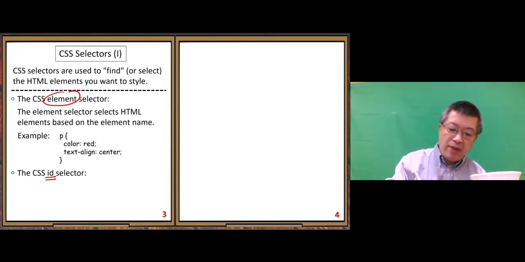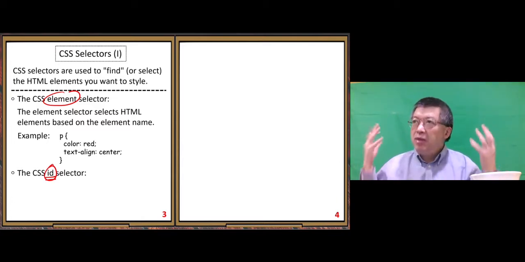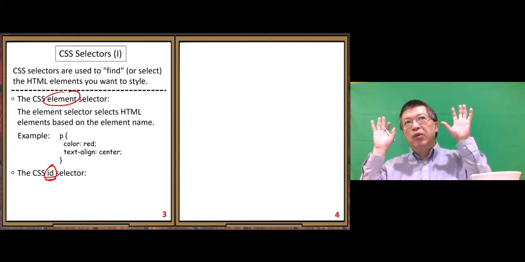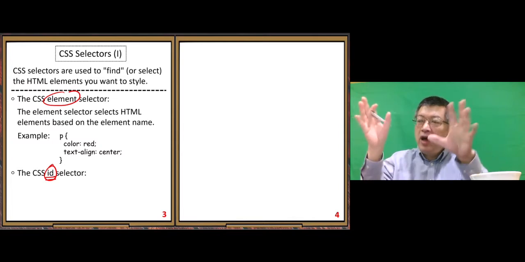So this time, the best way is to use the ID selector. We define some ID. We know an ID must be unique, right? So we only want to apply our special styles on one element.